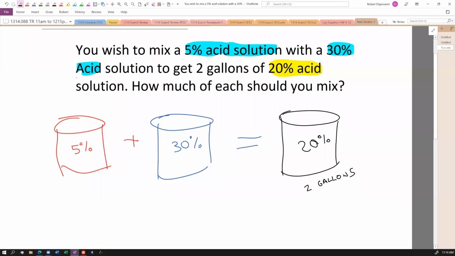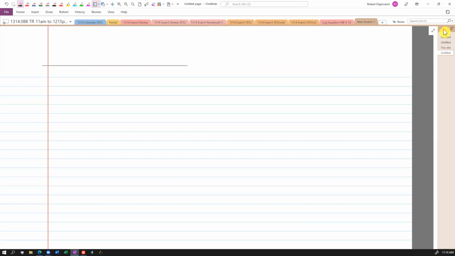So we want to know how much of each of those two do we pour in together. Does that make sense to you? Any idea of how we do that? It looks pretty complicated, right? So we will be able to do that by the end of today. It seems really hard, but the math behind it is not going to be too tough. So that's the goal for today, to be able to do that problem at the end.